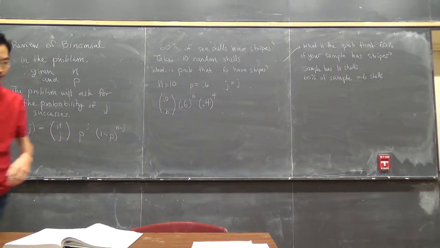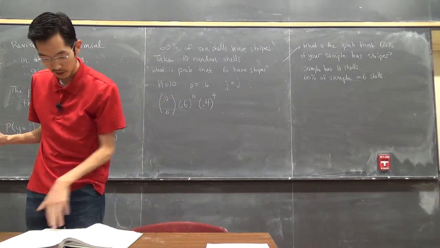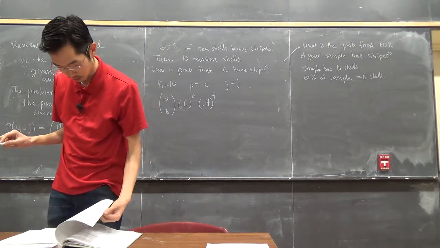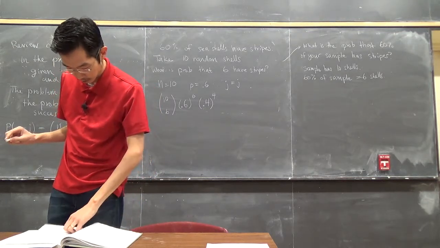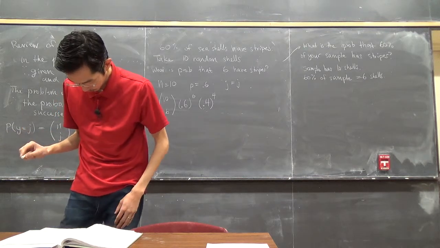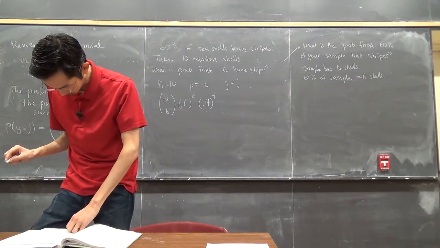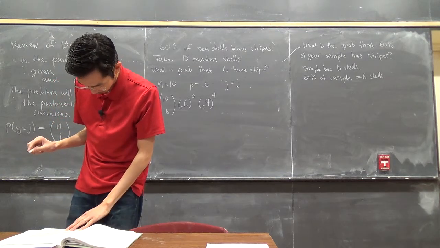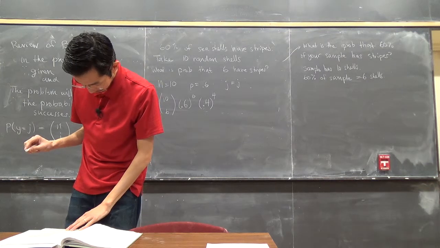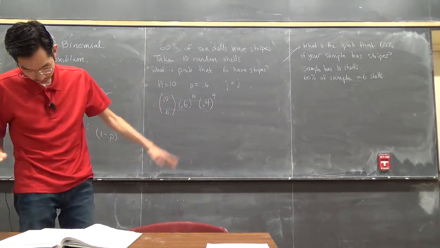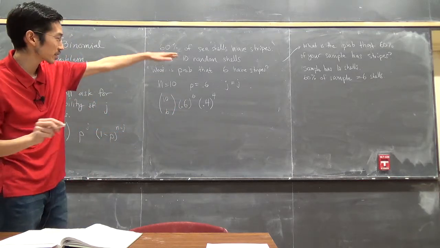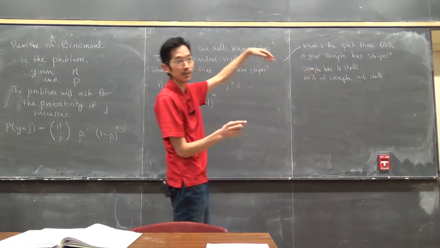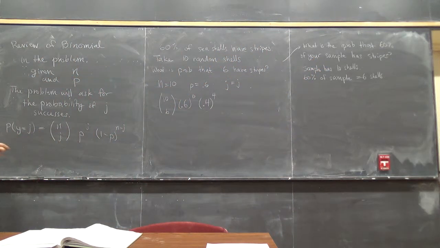I think there are a few questions in the book, and historically these have thrown off our students a little bit. It might say, instead of 60%, what's the probability that 50% of your sample has stripes?